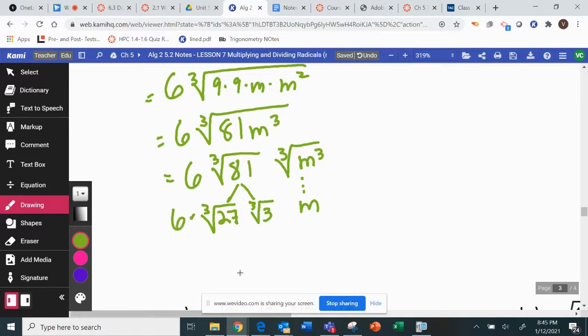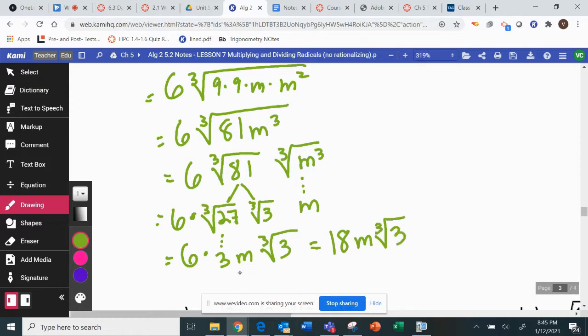And that 6 is still multiplied out front. So I get 6 multiplied by 3. I'm going to bring the m in front, and then I've got cube root of 3. I'm going to just go ahead and simplify that one step further. 18m cube root of 3.